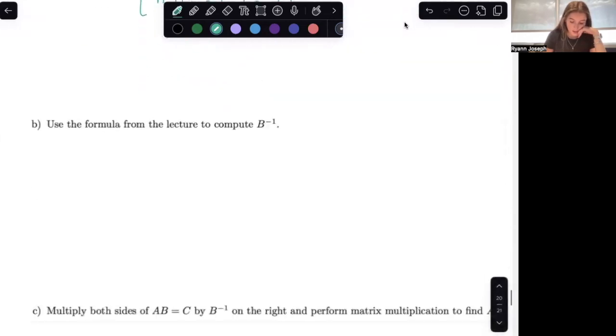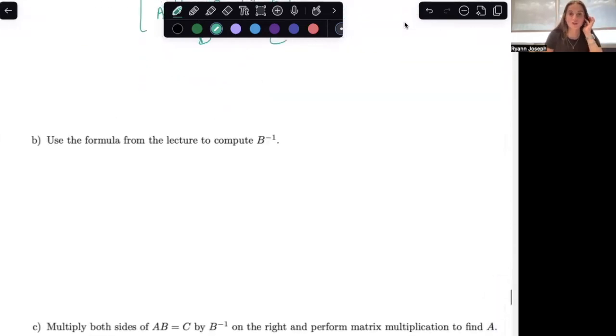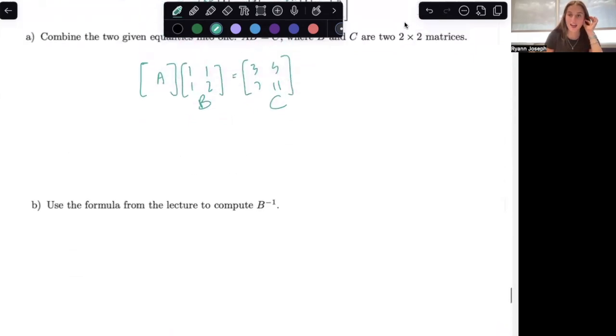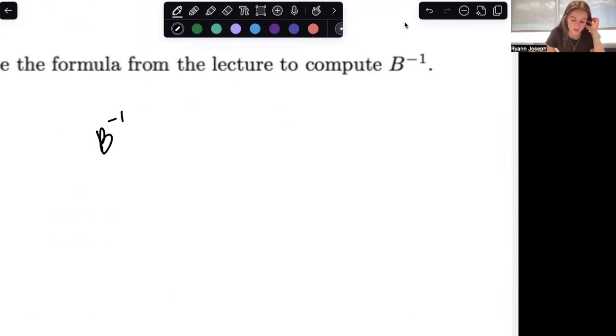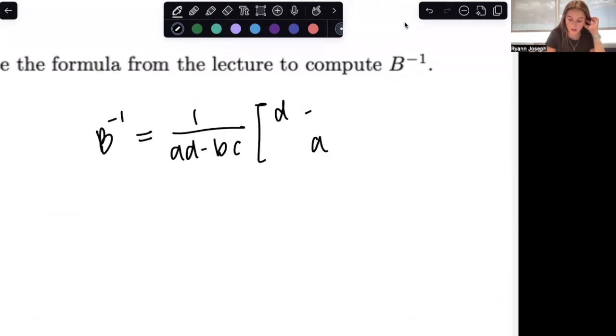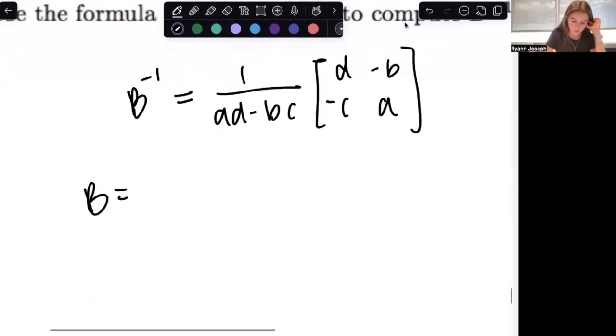Use the formula from the lecture. Lecture is just the Math 240 lecture. Compute the inverse. So they're asking us to use the formula for the inverse of a 2 by 2 to compute B inverse. So the inverse of B for some B is going to be 1 over AD minus BC. We switch D and A, and we negate B and C. So B, which we just formed, is [1, 1; 1, 2].